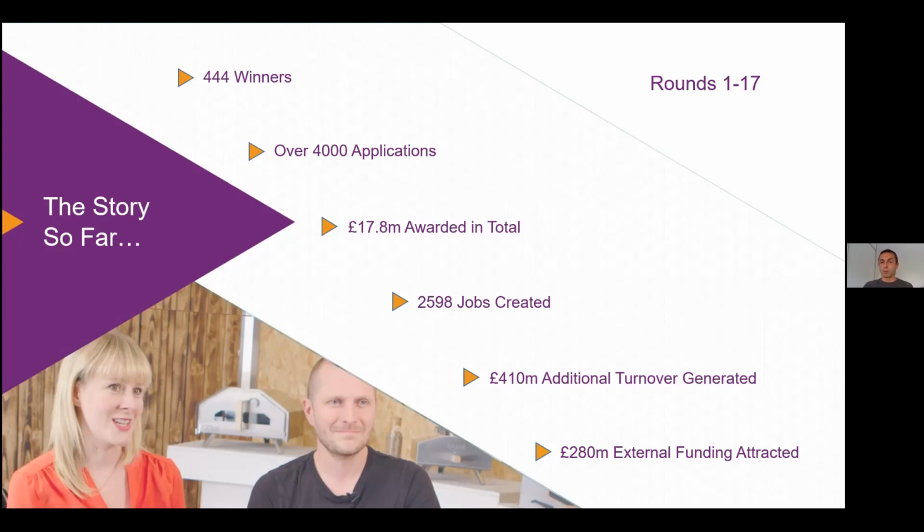So when you're doing your application, think about what difference you are going to make in the next 2, 3, 4, 5 years in terms of your business, job creation or social good, whatever it is, and what your main purpose is. It's about making sure those things come to the fore when you do your application.